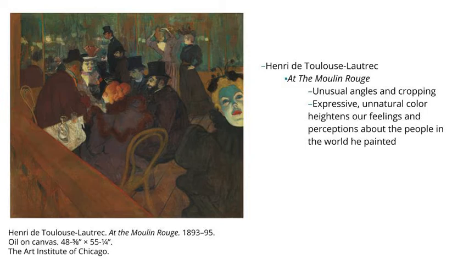And this piece is At the Moulin Rouge, and we've also looked at Toulouse-Lautrec artwork before, specifically in prints, because in the printmaking lecture, we talked a lot about how influential his prints were, but he also did oil paintings, which is what we're seeing here. So this piece, At the Moulin Rouge, uses unusual angles and cropping and has very expressive, unnatural color that heightens our feelings and perceptions about the people in the world that he painted.